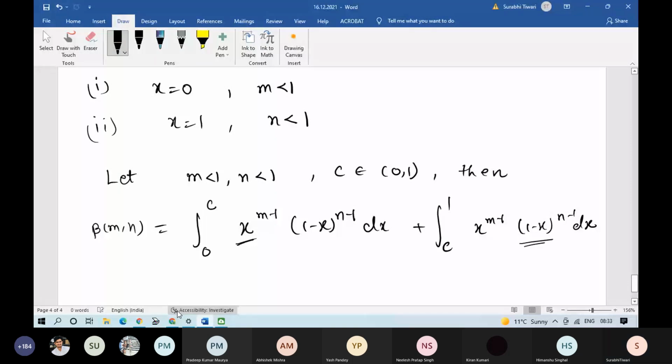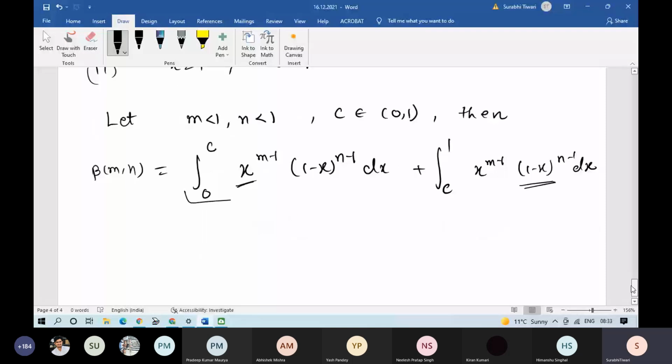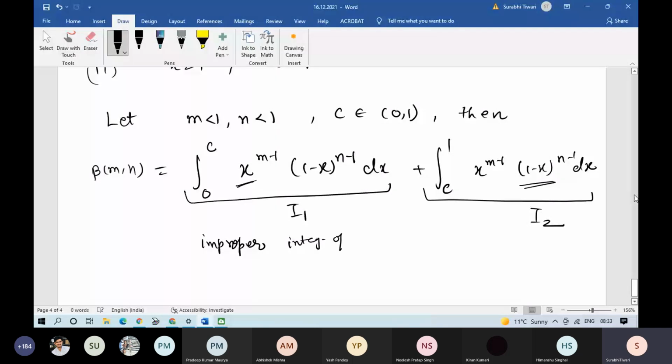So suppose this is I1 and this is I2. Now this is an improper integral of the second kind.